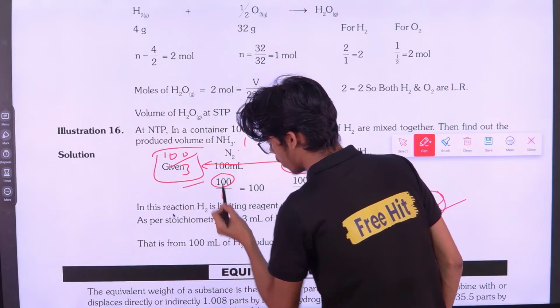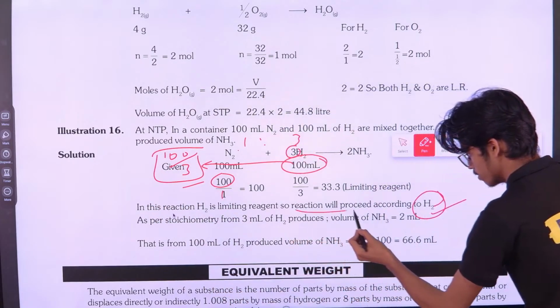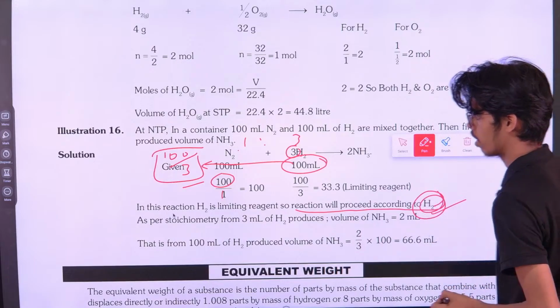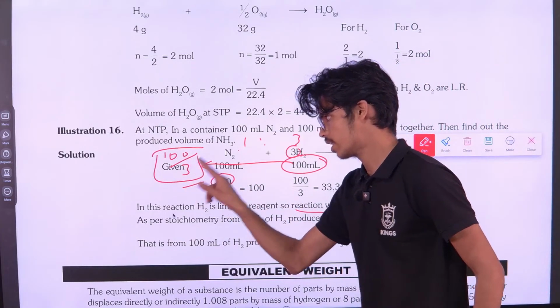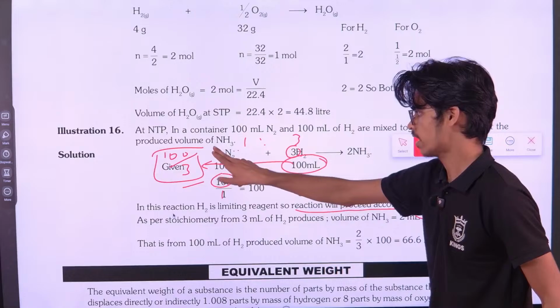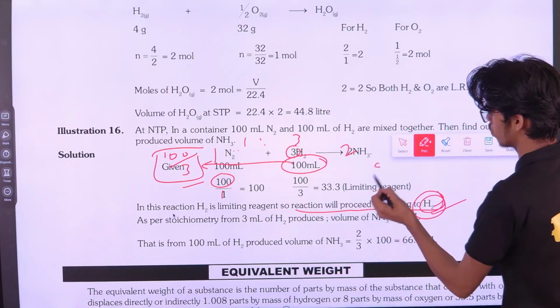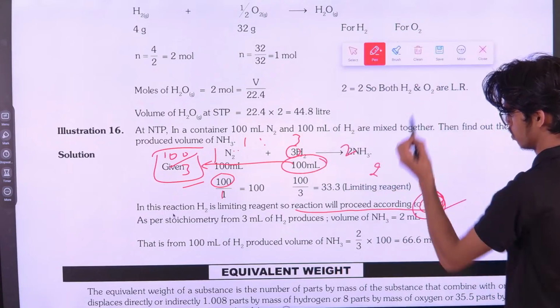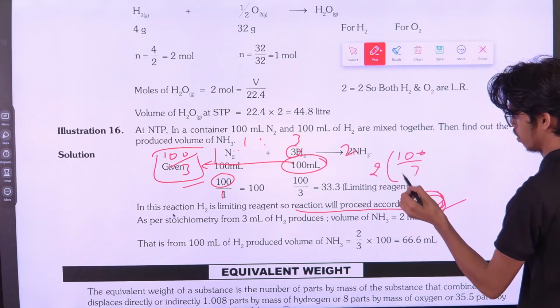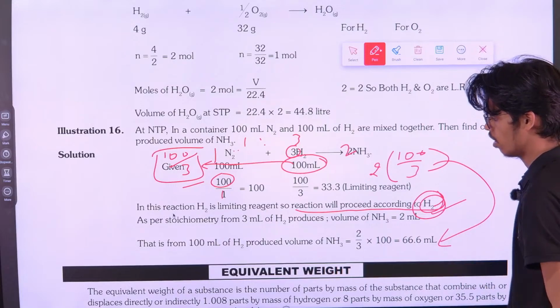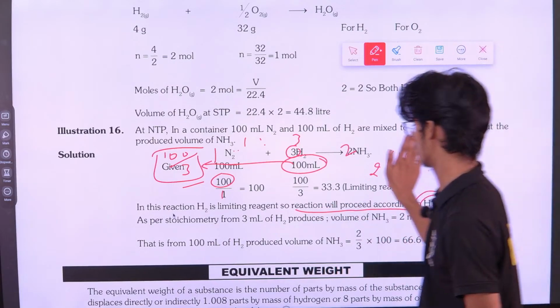That is what I meant when I said the reaction will proceed according to hydrogen. So 100 by 3 nitrogen, that is 1, forms 2 ammonia. It means 100 by 3 will form 2 times 100 by 3. That is 66.6 milliliter. Understandable?